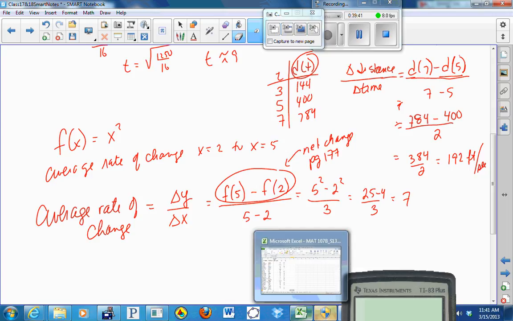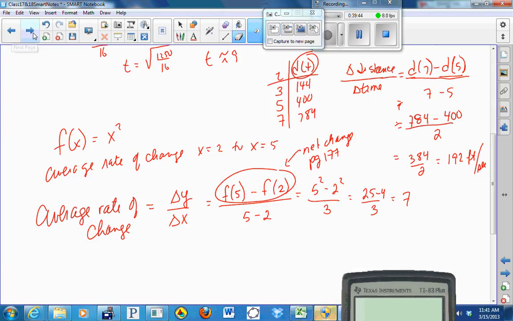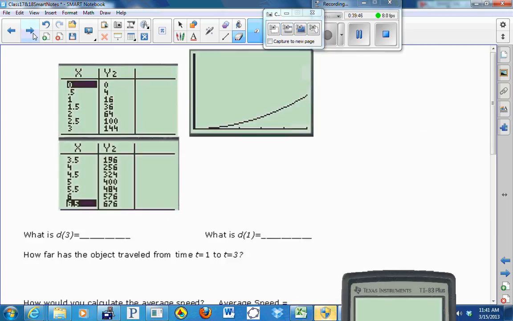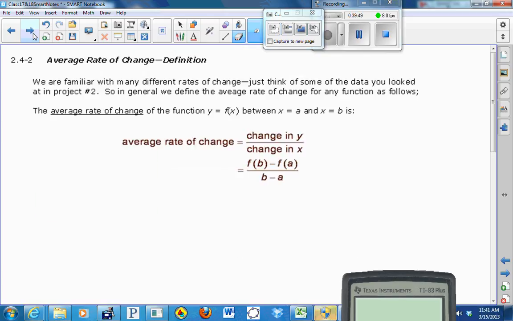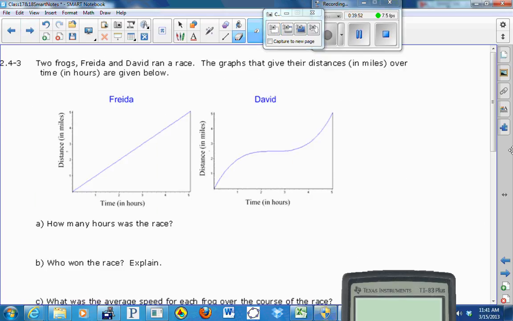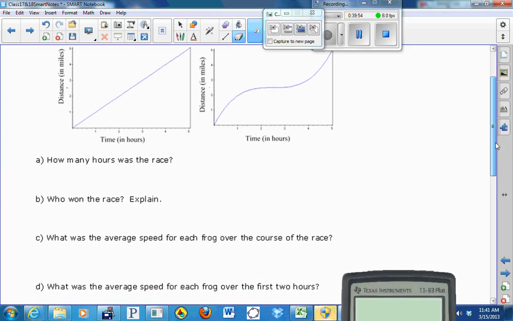Okay? So what I'd like you to do now is go to the two froggies, Frida and David, and work together on this. And over vacation, make sure you can do the problems on pages 36, 37, and 38. Those are all of your piecewise. When you come back, page 36 starts off with, we did this in class the other day, the Academy of Music. 37, there's like 4 problems.